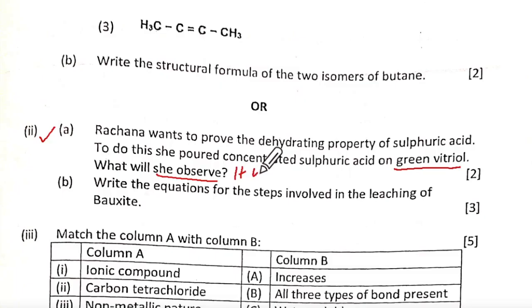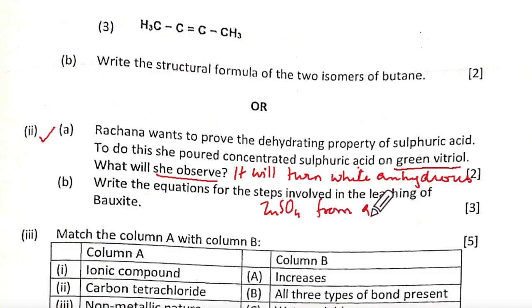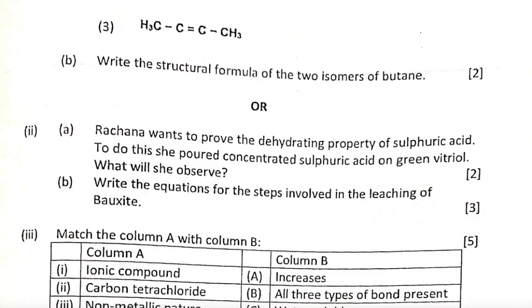It will turn white, anhydrous ZnSO4, from green hydrated ZnSO4.7H2O. I have given you the formulas of all vitriols.